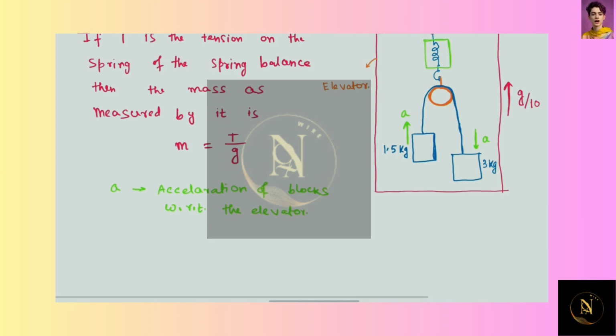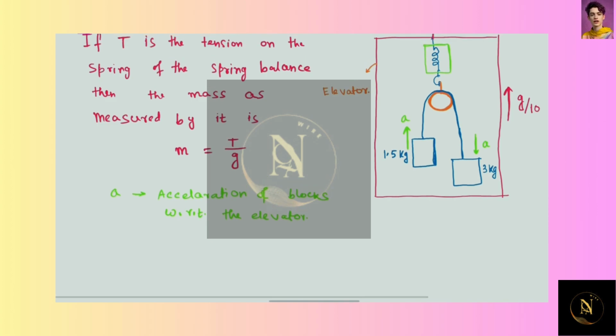Okay, with respect to the elevator, as the elevator is having some acceleration g by 10 upward, on this 1.5 kg mass a pseudo force will be acting downward, that will be 1.5 into g by 10, and on the 3 kg mass also a pseudo force will be acting downward, that will be 3 g by 10. In addition, on the 1.5 kg mass its weight will be acting downward, that will be 1.5 g.